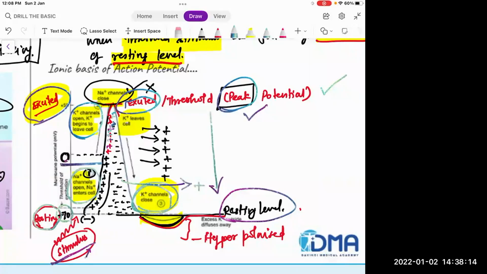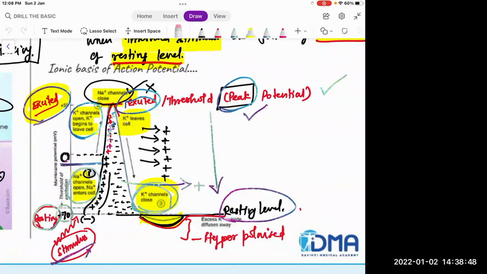So negative charge is more inside the cell during the resting state. When there is a presence of stimulus, it is initiating the signal to make the cell undergo depolarization. Depolarized means deviating from the resting state, making it get excited.